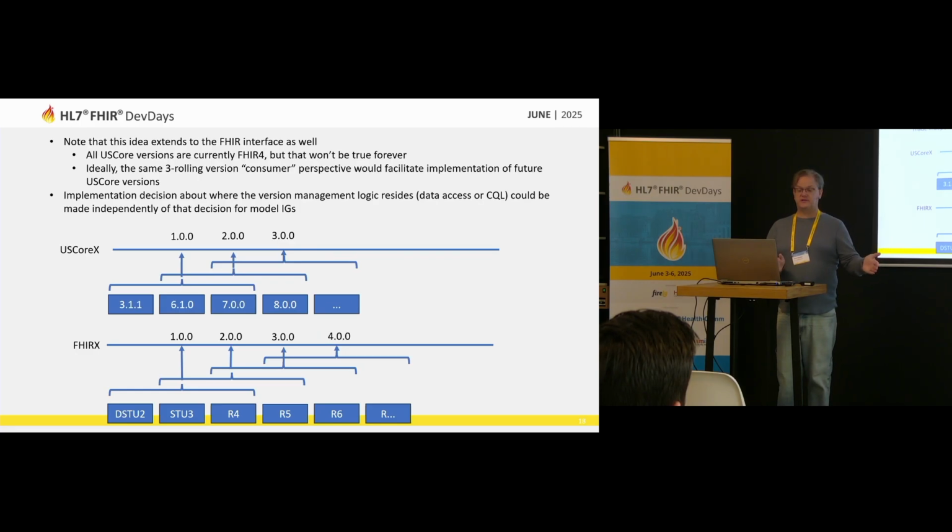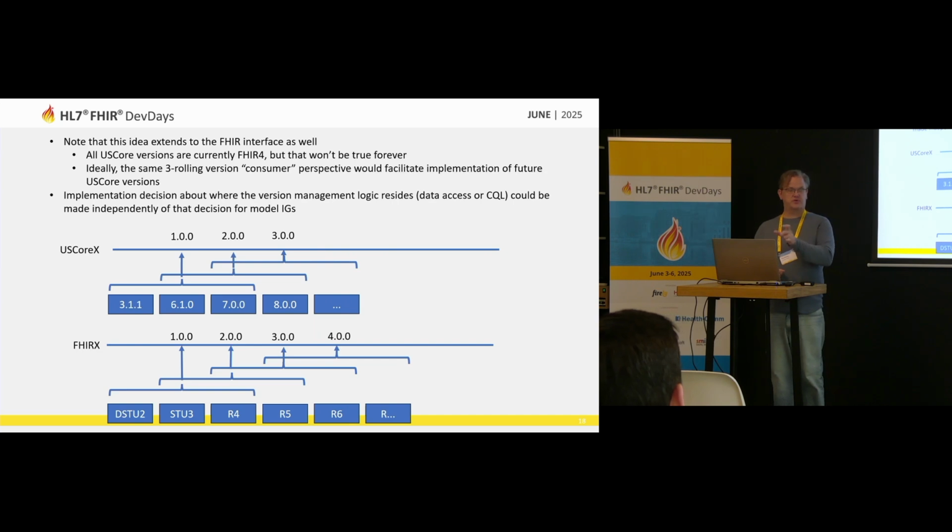Right now, to do that, you have to say using US Core 3 and generate a model info for that version. We want to be able to say using US Core 3.1.1 and using US Core 6.1.0 and 7.0 all in the same library, because I want to write logic that converts between them, so that I don't have to expose that downstream.